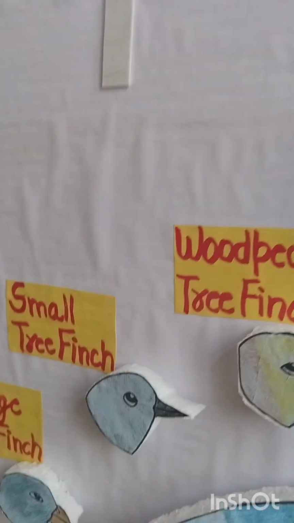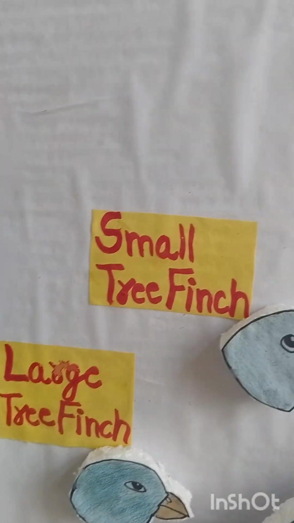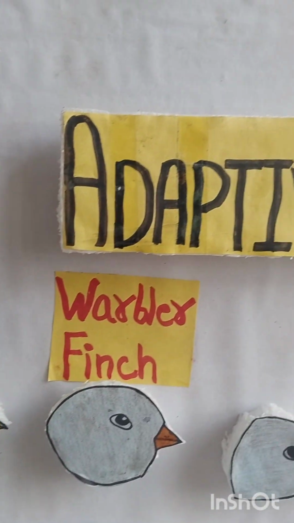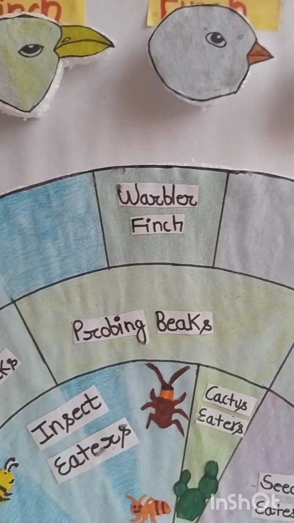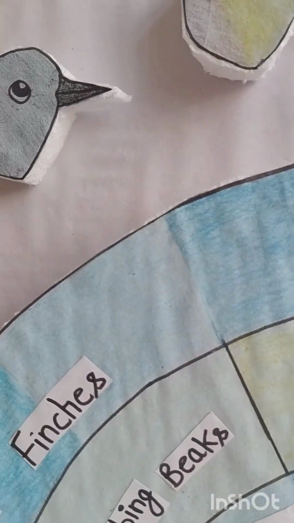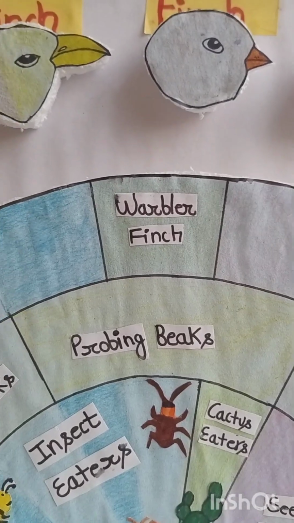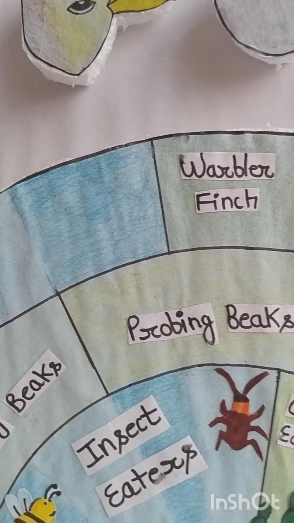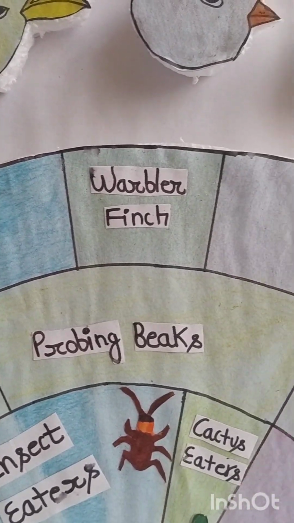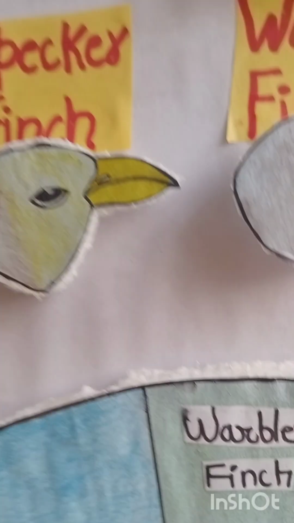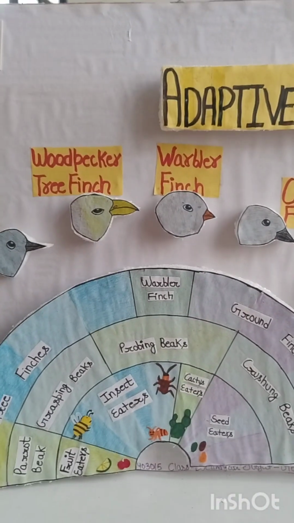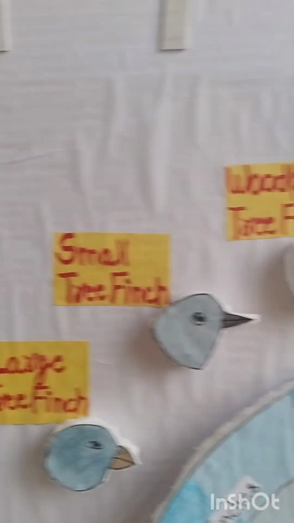Then again you can see large tree finch, small tree finch, warbler finch, cactus finch, small ground finch, etc. And in this you can also see the map showing the fruit eaters, insect eaters, cactus eaters, and seed eaters. This is beautifully prepared by the students.